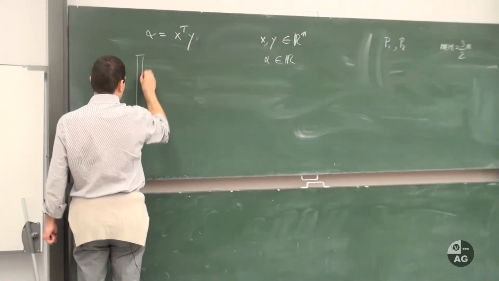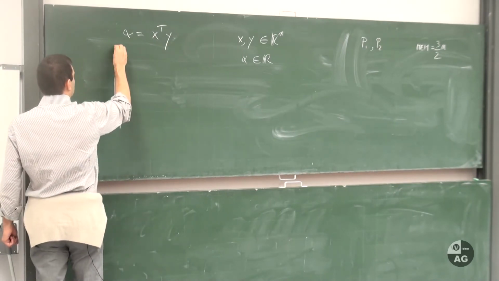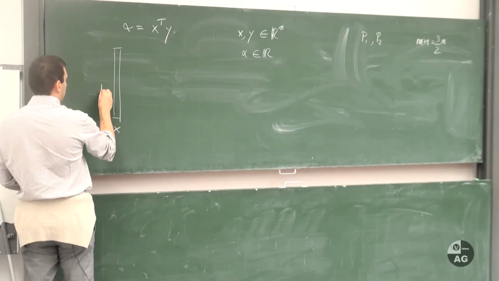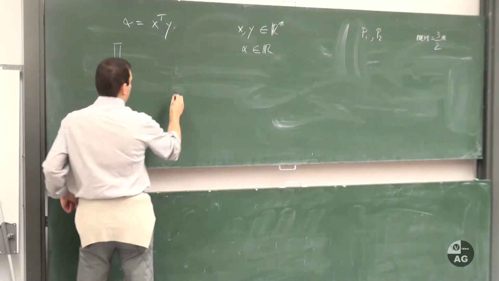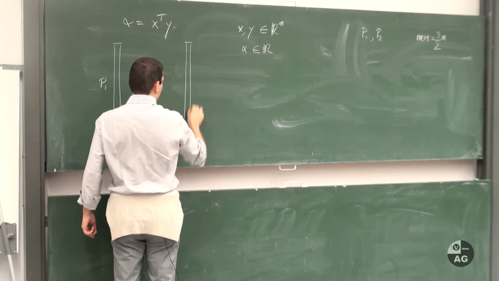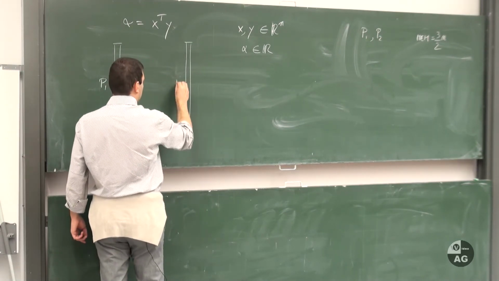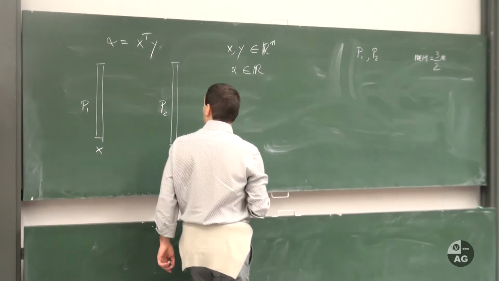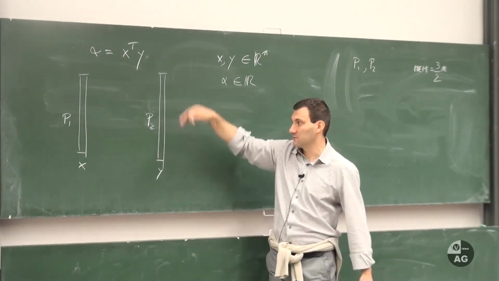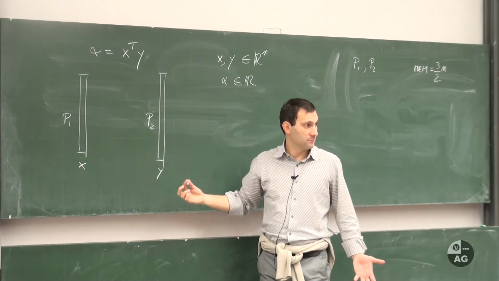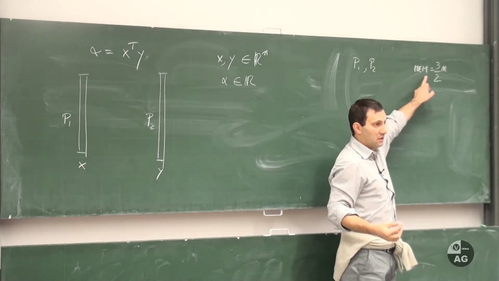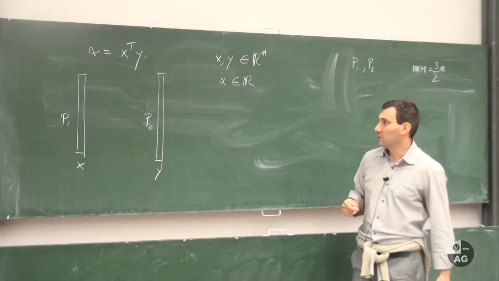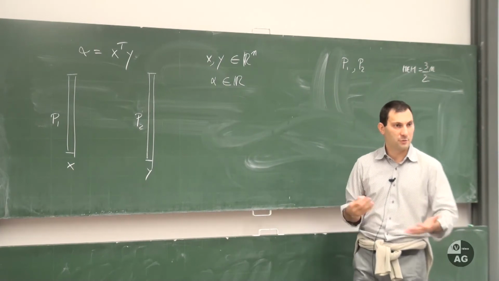The vector x sits in P1 and the vector y sits in P2. And what do I have to do? I have to multiply these guys together. Unfortunately, none of the processors, neither one, has enough memory to just get the full vector and do everything at once. So we need some cooperation.